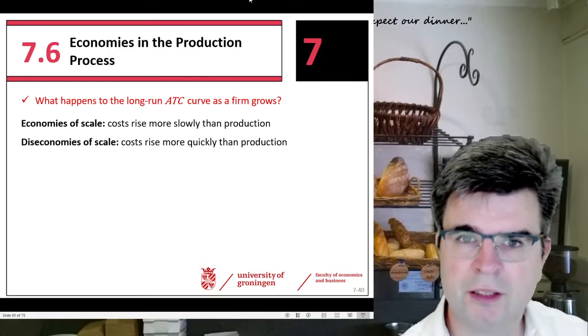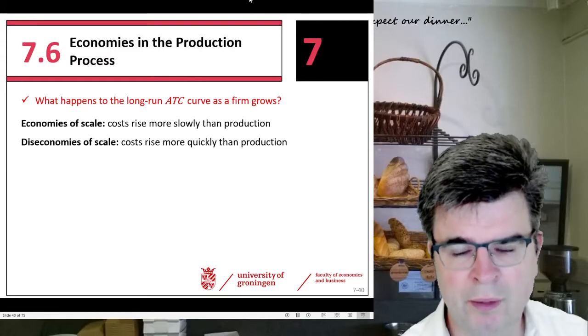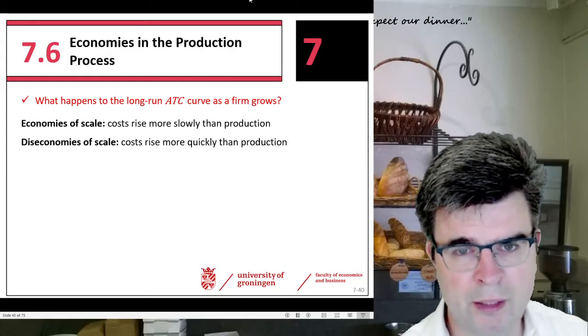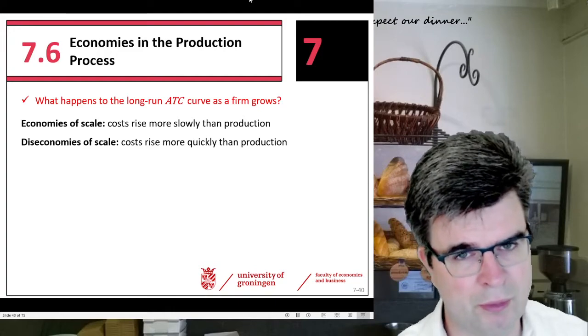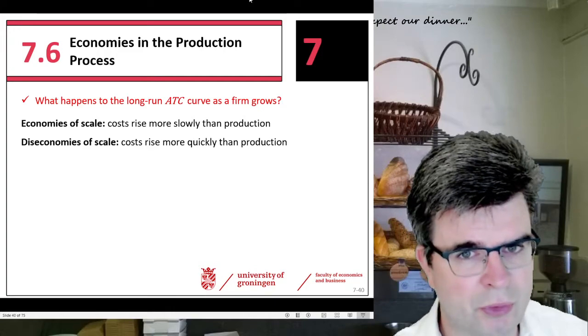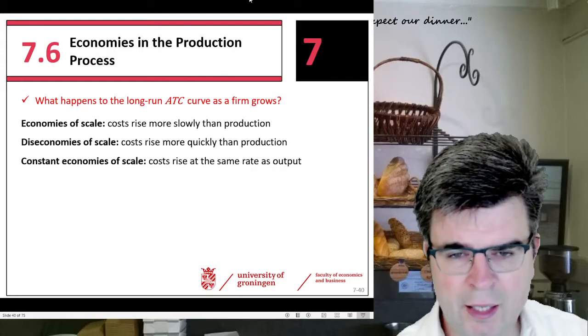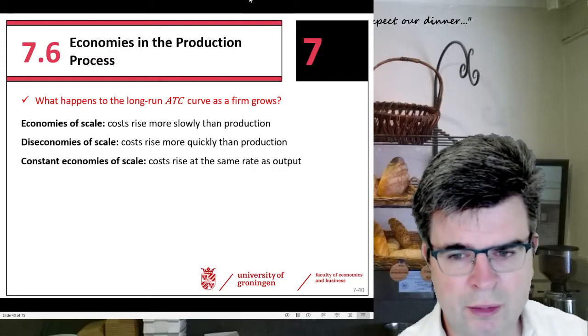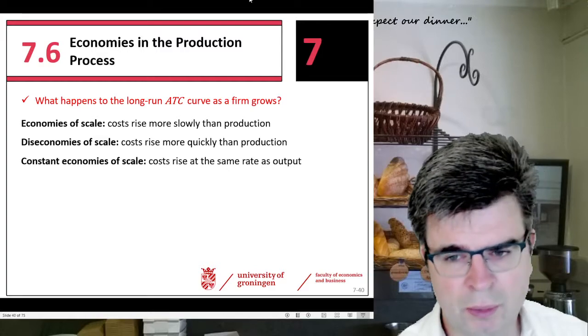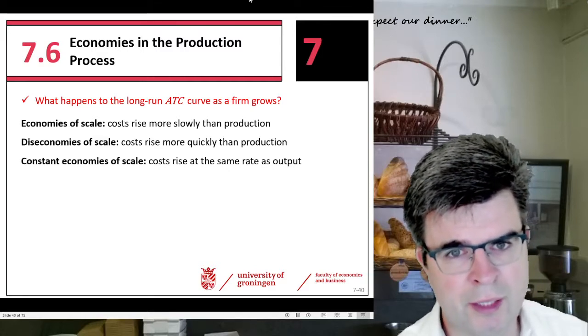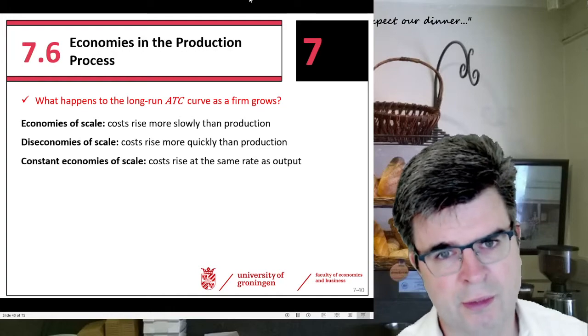The flip side is that you have diseconomies of scale when costs rise more quickly than production. For example, you double your production, but that more than doubles your total cost. And the borderline situation is where you have constant economies of scale, where costs rise at the same rate as output.